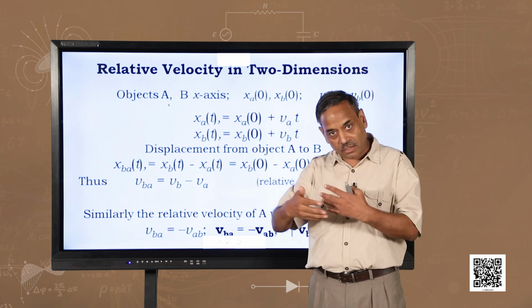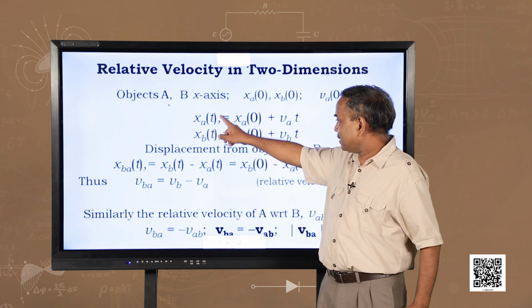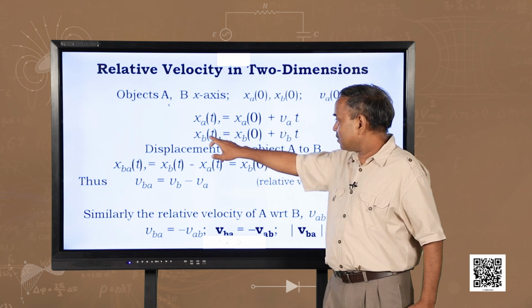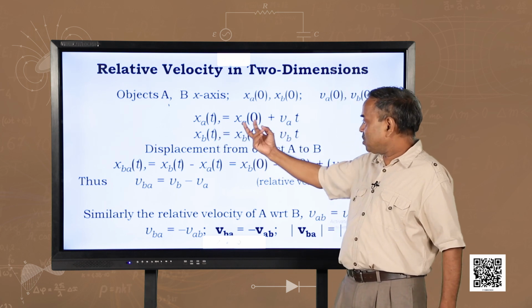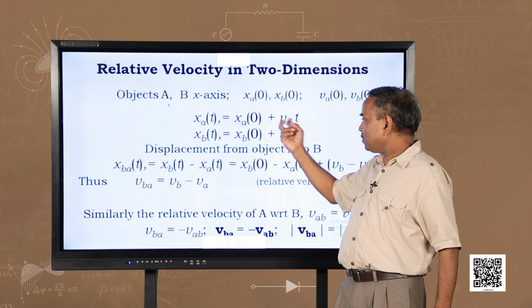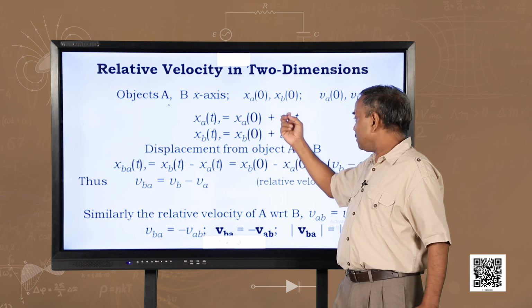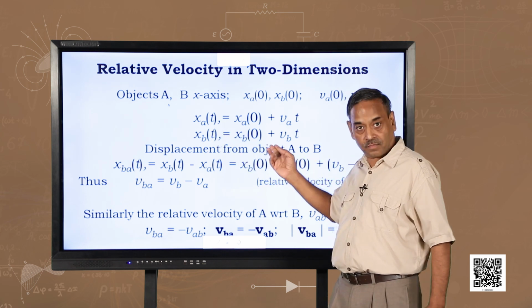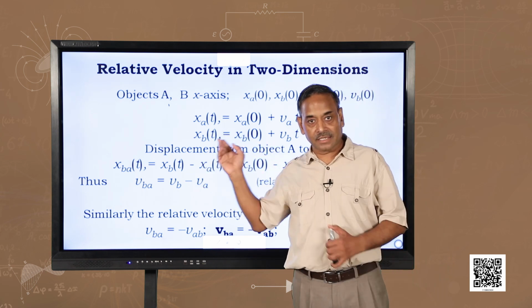Using the simple equations, we can rewrite x a at t is equal to x a 0 plus v a t. This is simple algebra: the initial position plus the distance it has moved along the x axis with the velocity v a in time t. Similarly for b.